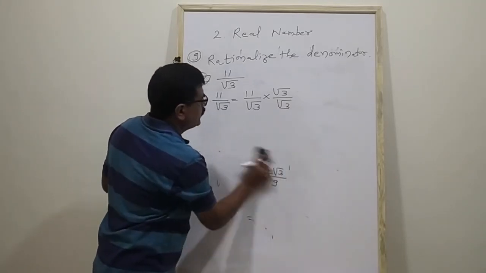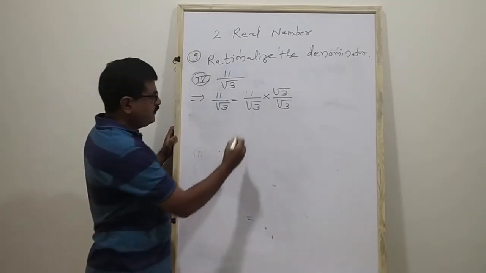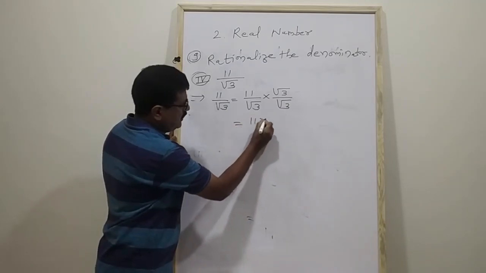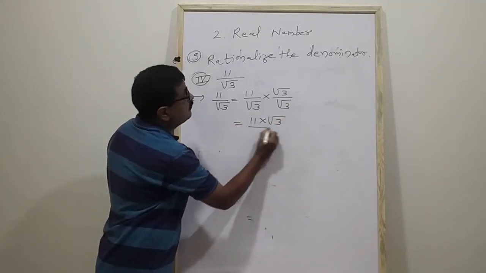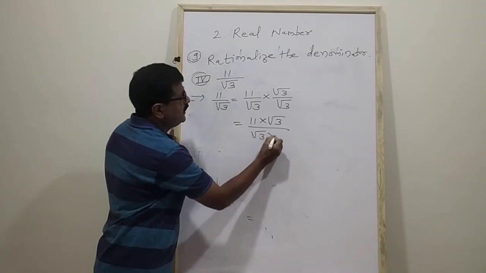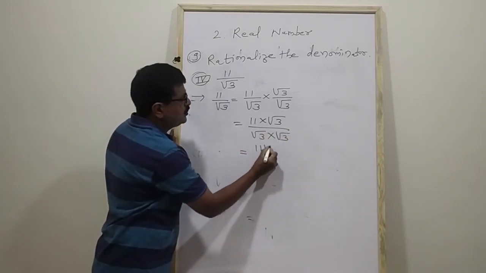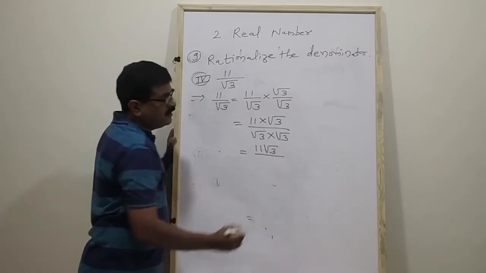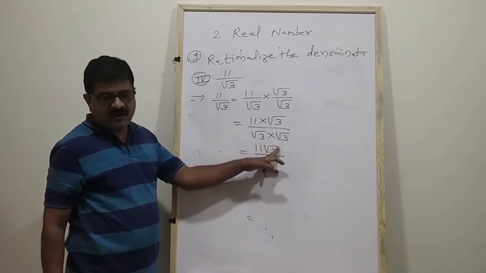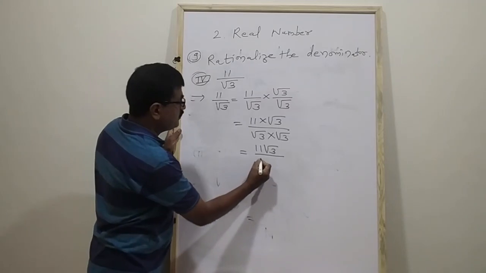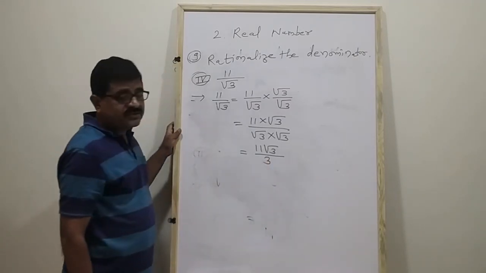Now here, taking multiplication is equal to 11 into root 3 divided by root 3 into root 3. That is 11 root 3 divided by root 3 into root 3 is root 9. That is square root of 9 is 3. This is the answer.